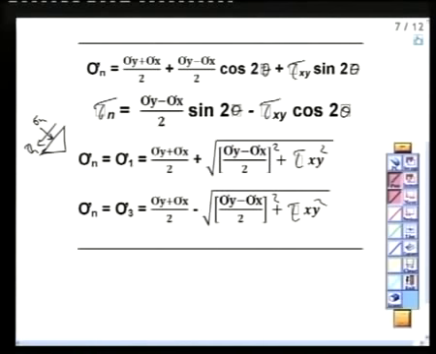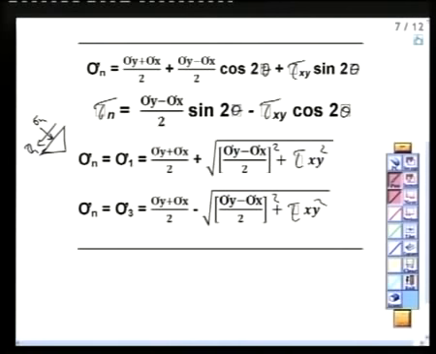Not tau xy, sorry. Tau n. Tau n is different than tau xy. We have 4 equations, so I can give you a question like this and ask you to find those. What will you do? You will use these 4 equations and solve the problem.